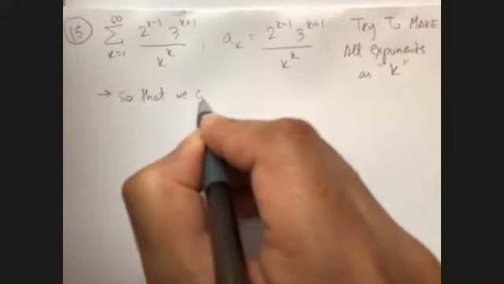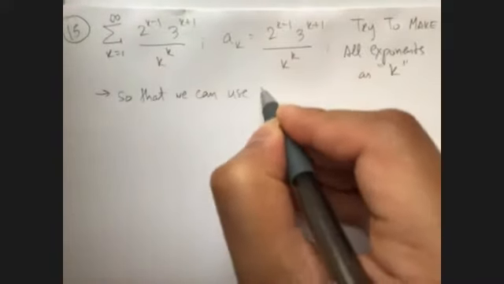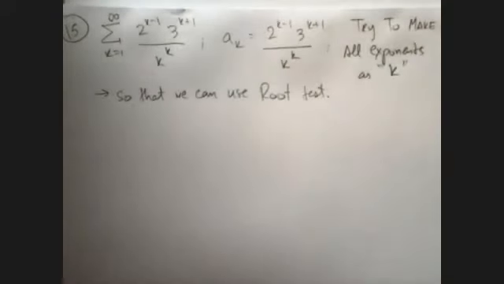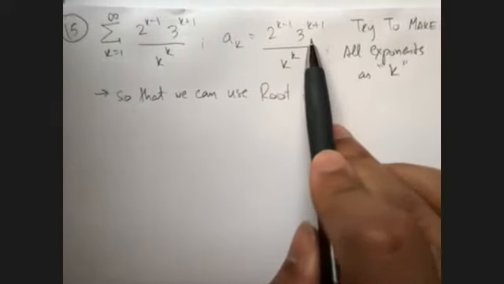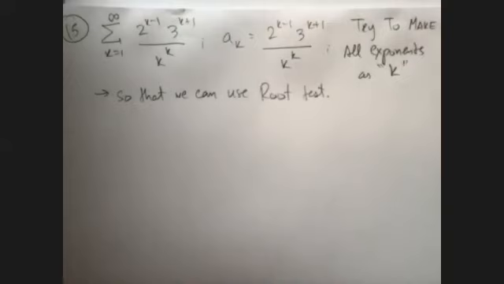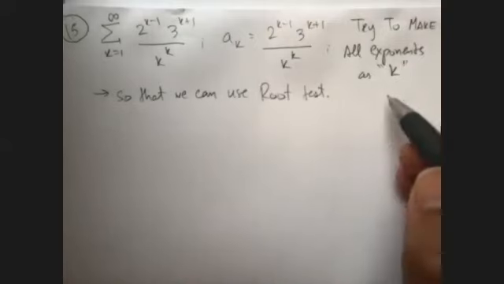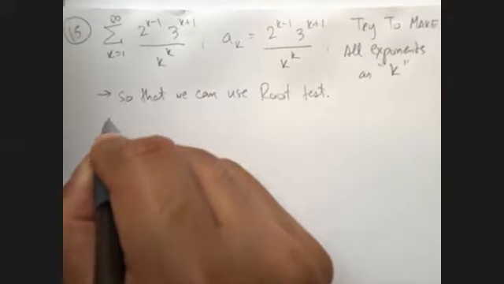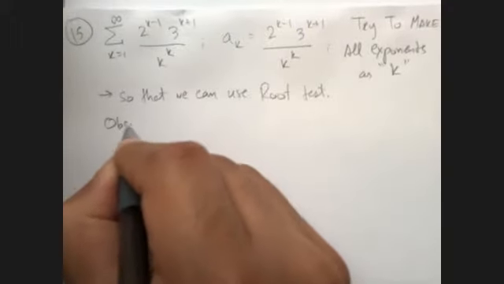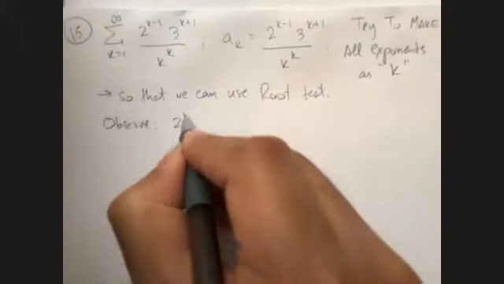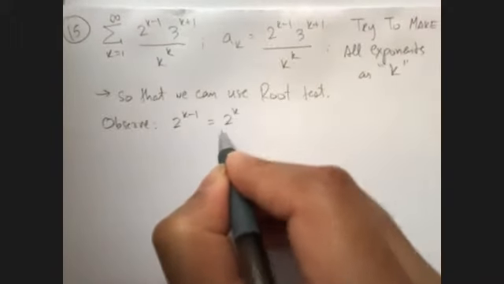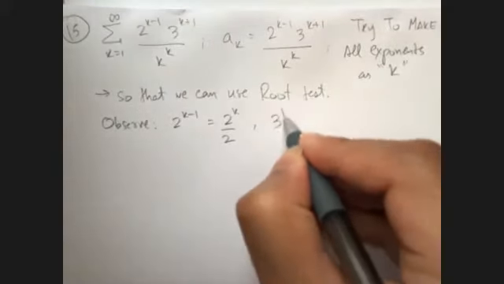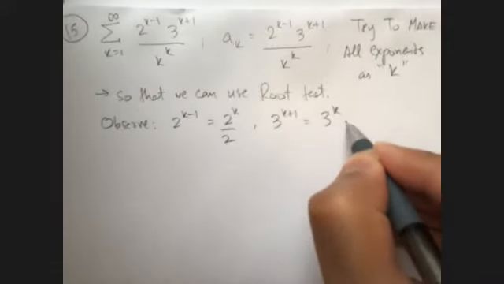So that we can use root test. Because then k minus 1, k plus 1 is confusing. Now in order to do that, observe: 2 to the k minus 1 is the same as 2 to the k over 2, and 3 to the k plus 1 is the same as 3 to the k times 3.